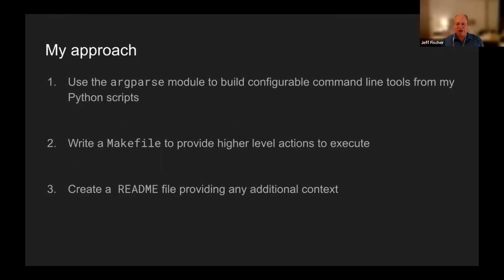My general approach that I've used on a bunch of these projects isn't rocket science. Argparse is a module in the Python standard library for building command line interfaces. You can have a bunch of options and positional arguments, as we'll see, that you can pass into your program.